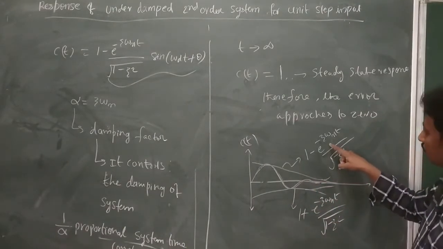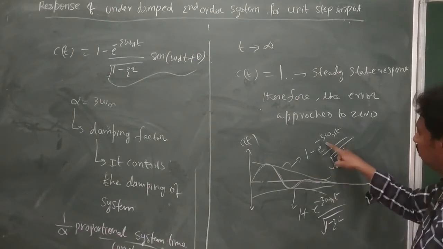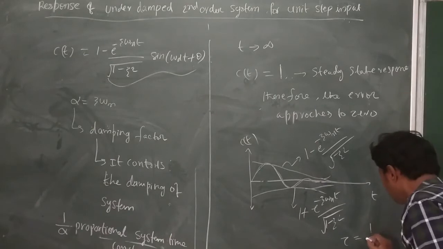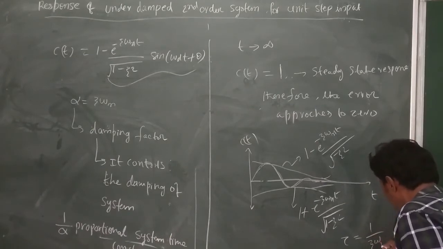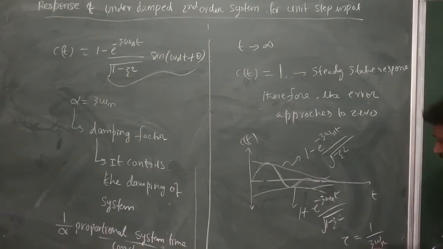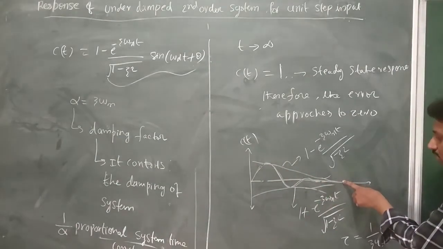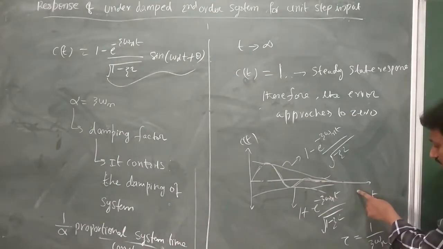And one more thing we have to observe here. Time constant is equal to 1 by zeta omega n. So see, if the time constant is small, this decay is very fast and the system will settle very soon.